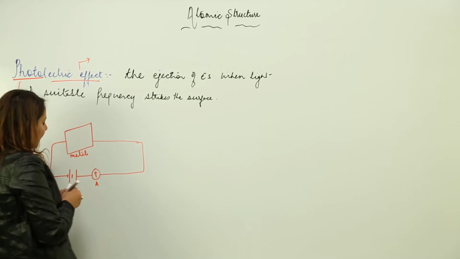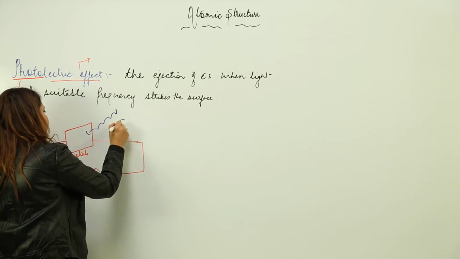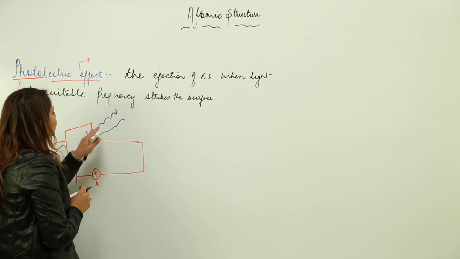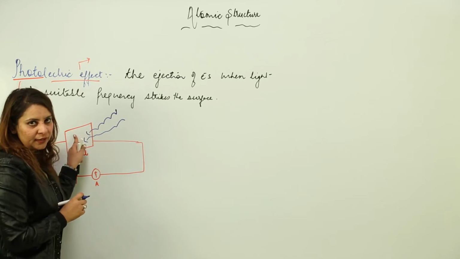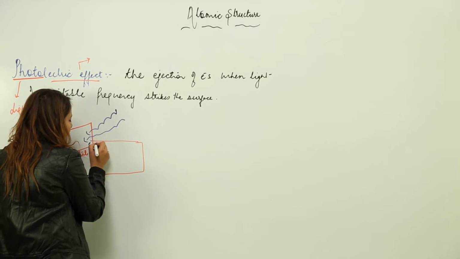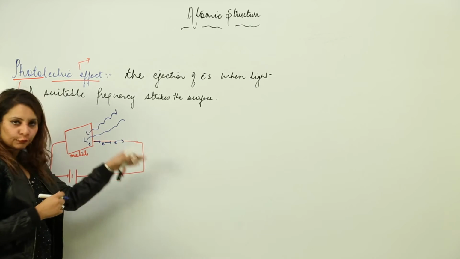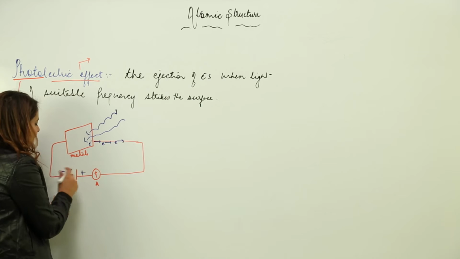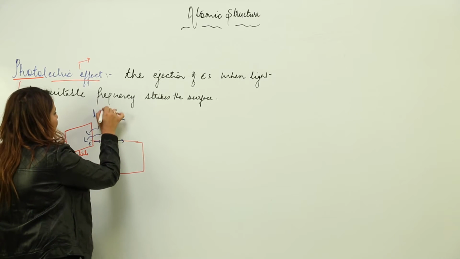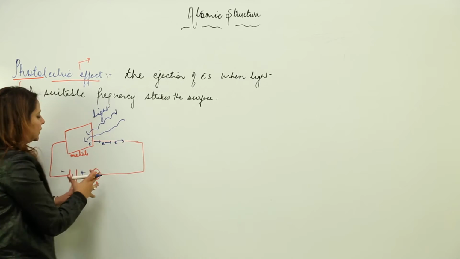So what we see is that when light strikes the surface, light is falling on the surface, electrons are emitted and they start flowing towards the positive. As you can see, this is the negative and the positive terminal. So when the light is falling, the electrons get emitted and flow towards the positive terminal.